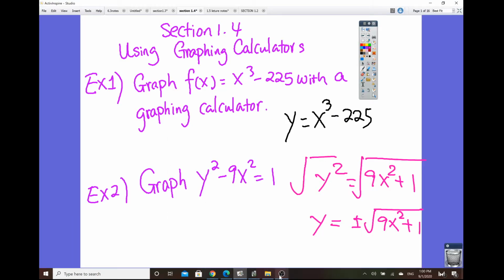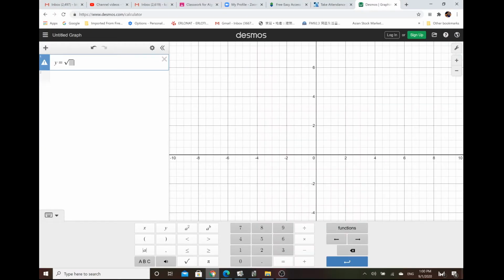Okay, so square root of 9x squared plus 1. So 9x, again, the little caret. Oh, you know what? This one, I need to put it into the blank. Okay, let me start this one over. So again, square root 9x quantity squared. Bring the cursor back down, so just press the right arrow.